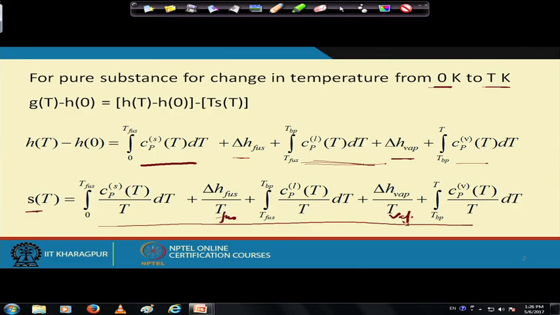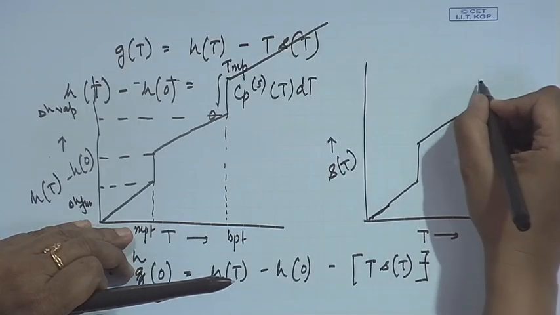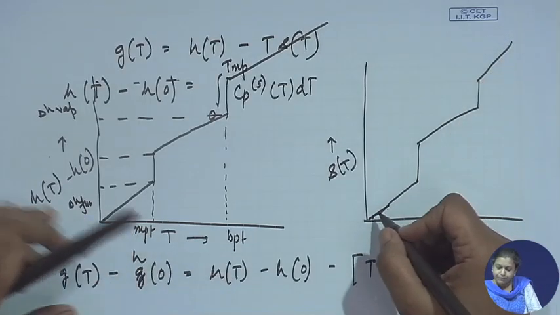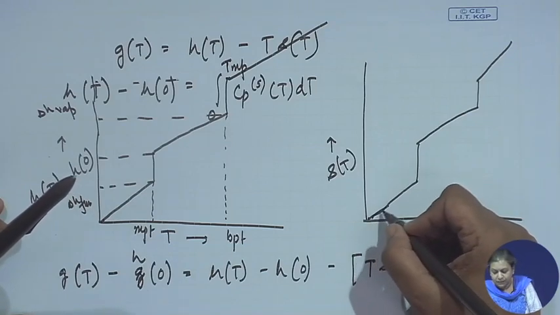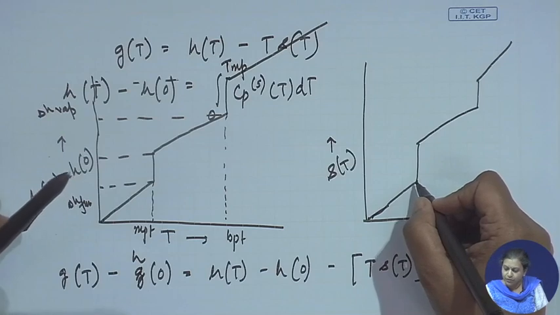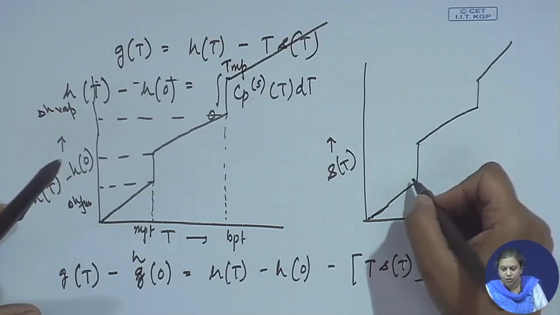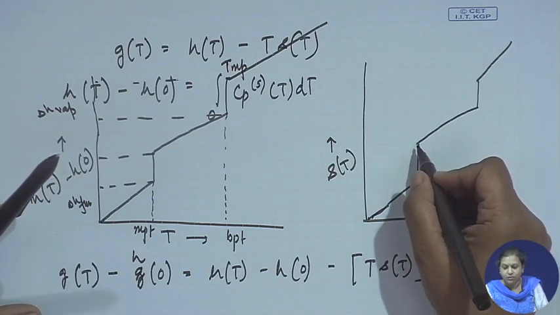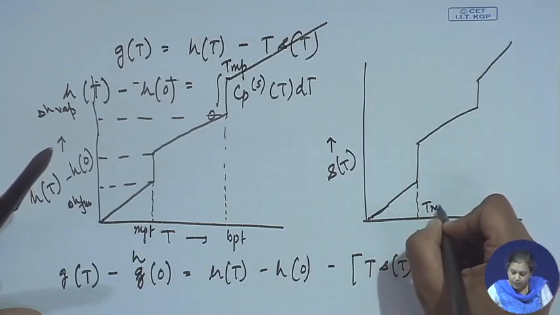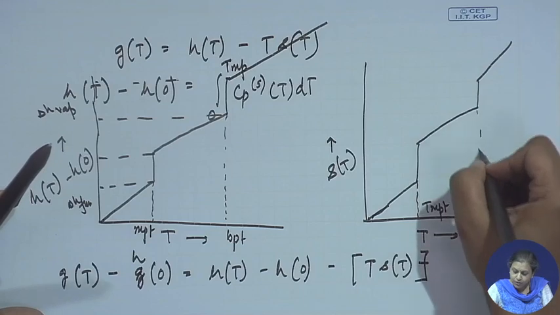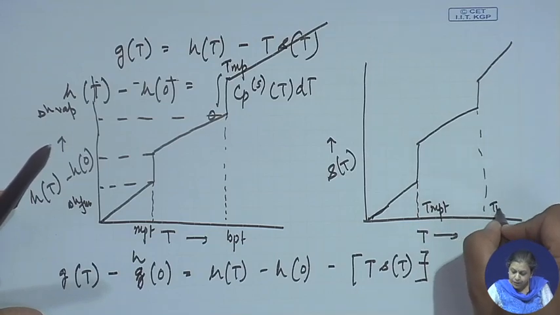So in this case also the nature of the curve is just the same. While it is in a single phase, the entropy rises as the temperature rises, and when the change of phase occurs, the entropy rises at a constant temperature, and so on. So this is the melting point of the solid, and this is the boiling point.